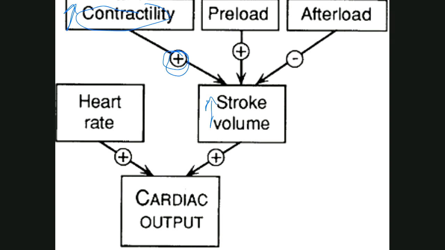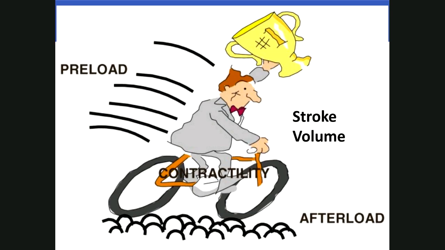So there are three things that affect stroke volume. And here are those three things: preload, afterload, and contractility. And again, I think the easiest way for most people to visualize this is to think about this picture right here. Just imagine it when you're taking a test. And just remember this guy on the bicycle.